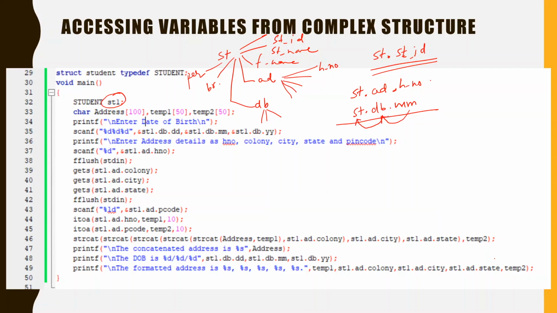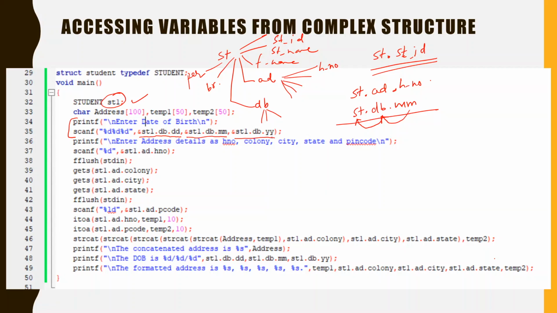Suppose we have created st1, so this is a student that has been created. Now suppose we are simply taking the input of the date of birth. Here we access the student's date of birth date, month, and year.